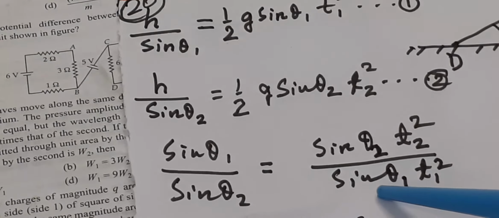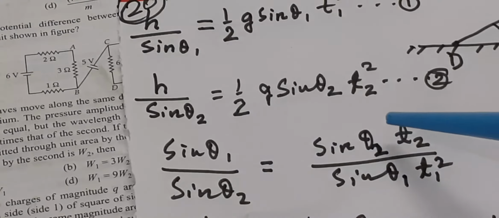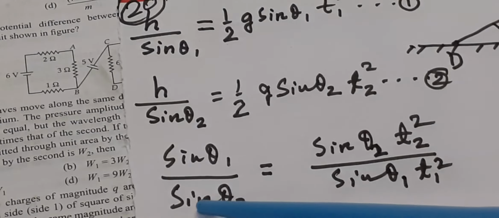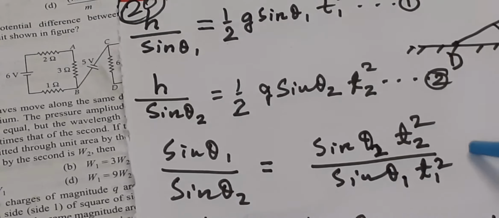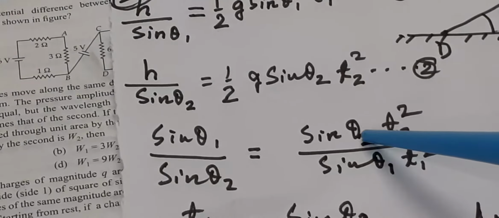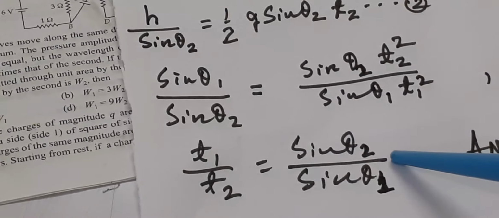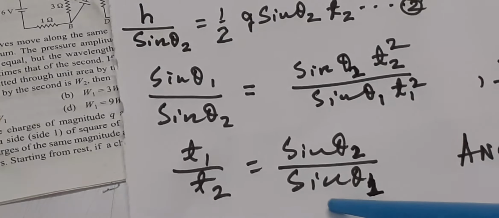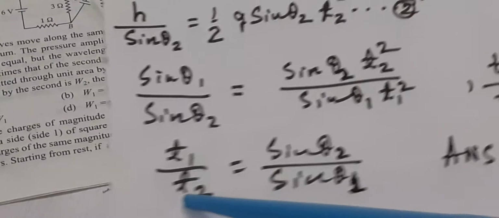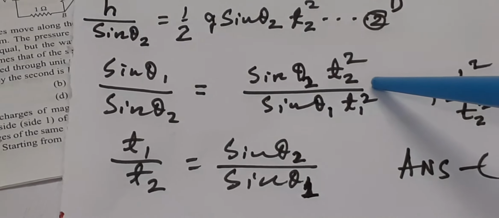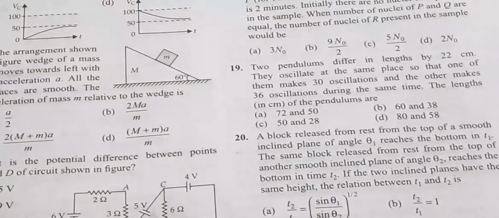You will see sin square theta 2 in the numerator and sin square theta 1 in the denominator. Now take the root of this and ultimately t1 by t2 will give sin theta 2 by sin theta 1. Just a reciprocal relation. That is answer C, the choice here.